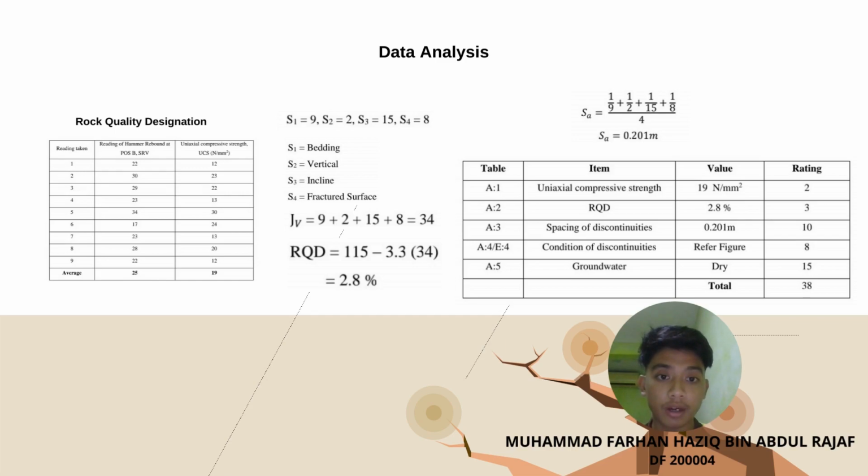So after that, the table above shows the characteristics of our sample in 1 meter by 1 meter.